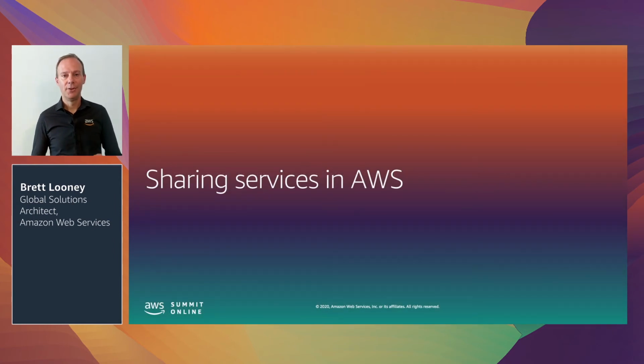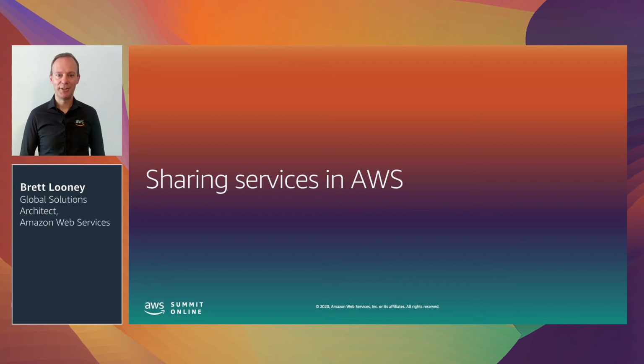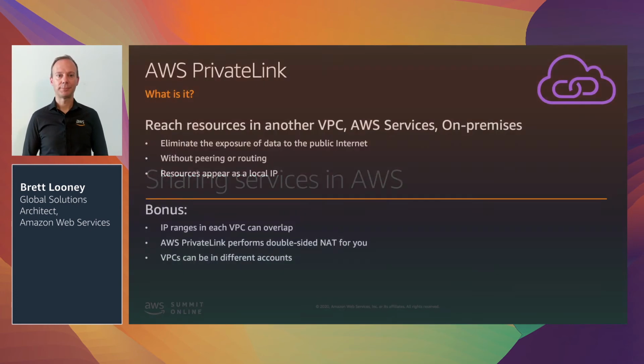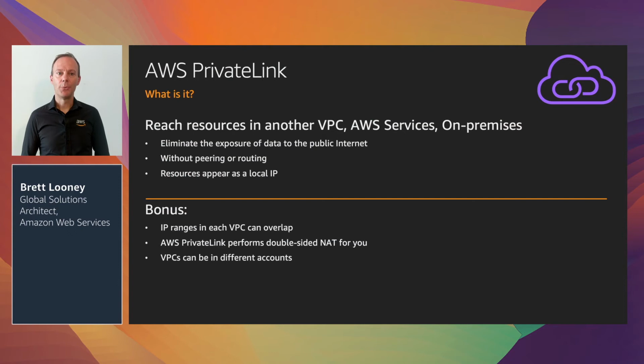Okay, now that we've done that, let's talk about sharing services in AWS. So what we want to do is we want to reach resources and applications and services that are in another VPC or on premises. Okay, but how do we do that without exposing data to the internet? How do we do it without peering or routing? The answer is PrivateLink.